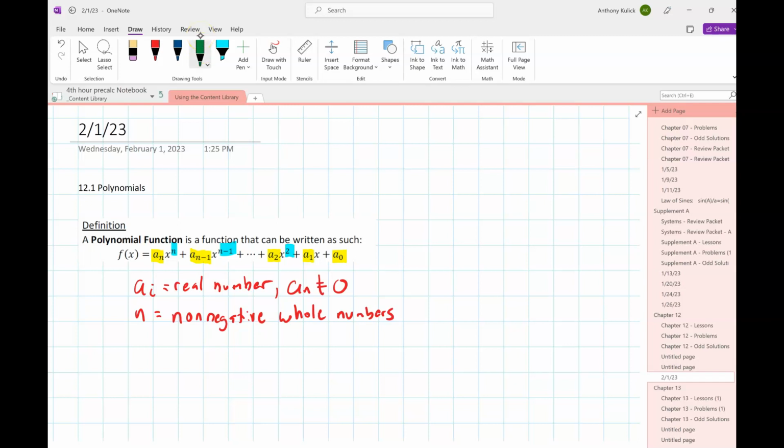So a little vocab associated with polynomials. If we find the term that has the biggest exponent, we call that the leading term. The coefficient on the leading term, we call the leading coefficient.